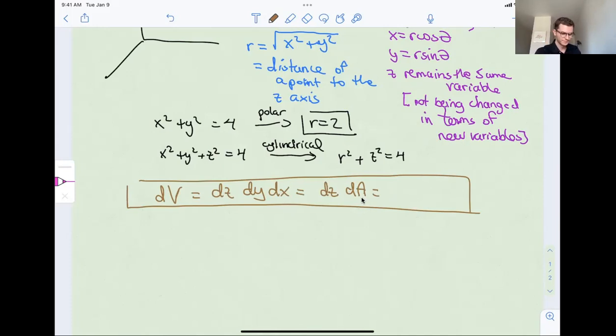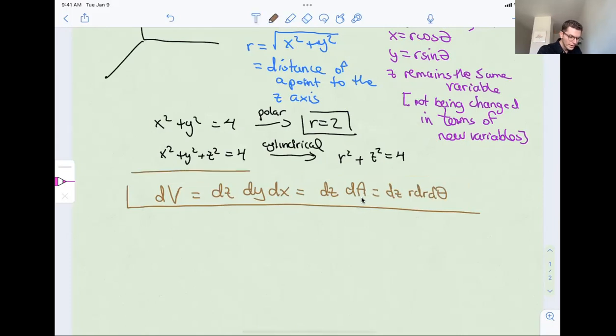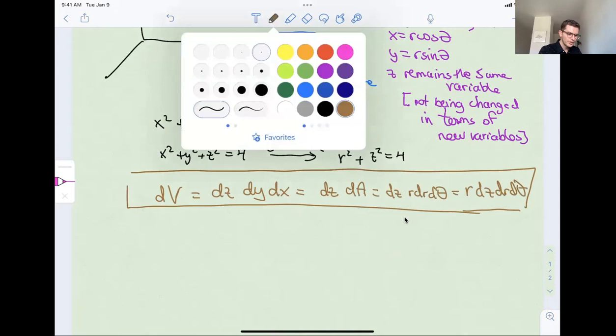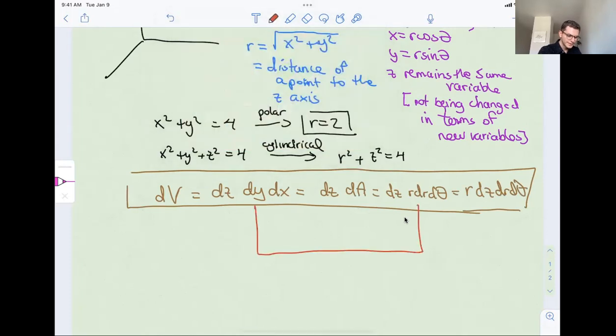Good. It is r dr d theta. It looks a little weird to have the r in the middle of two d's, so you put it in front. So the takeaway is that in cylindrical coordinates, dV is r dz dr d theta.